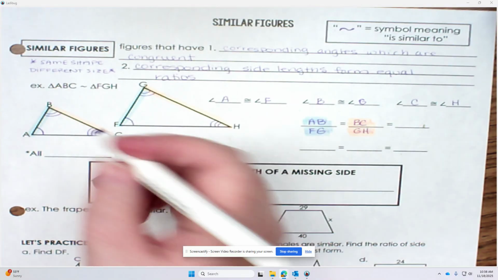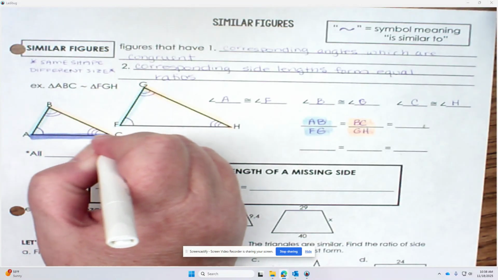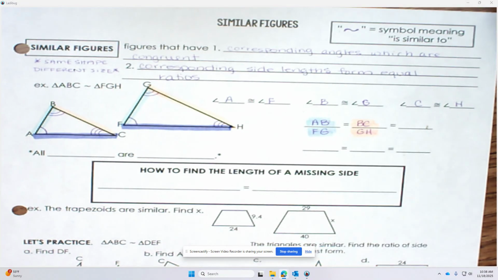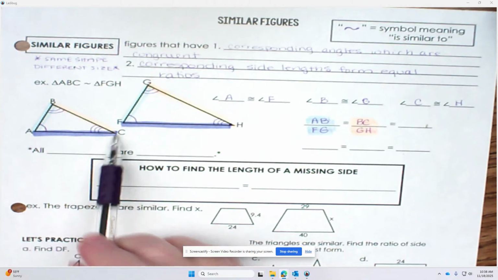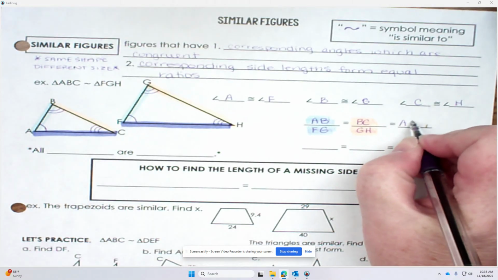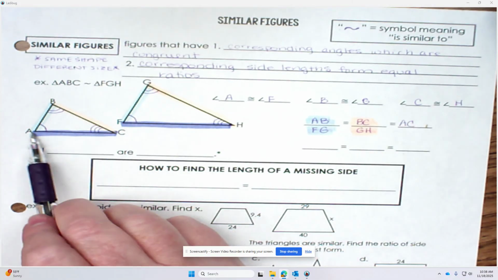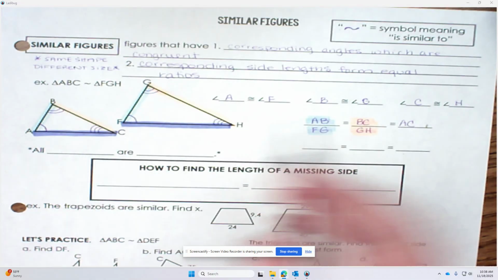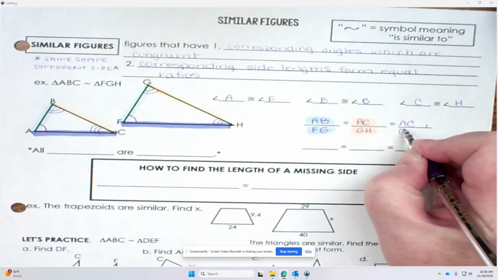And then I'm going to take my last side and make it purple. On that last one, I'm going from A to C, so I'm going to write AC. A is on my 1 arc, F is on my 1 arc, so I want A and F in the same position. Those are the corresponding angles.